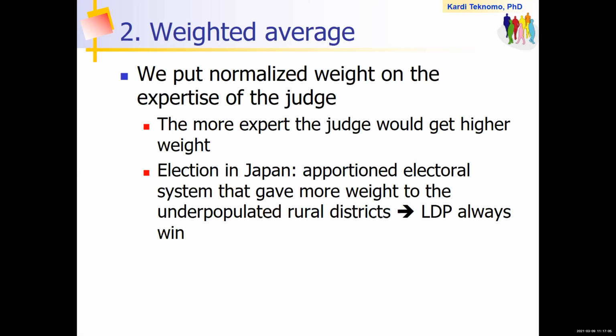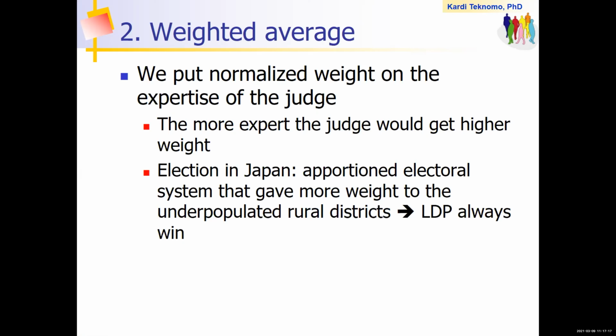So this has been used in many situations. For example, in elections in Japan, why from 1945 has the LDP, one of the political parties in Japan, always won? Because the Japanese electoral system is called the malapportioned electoral system.